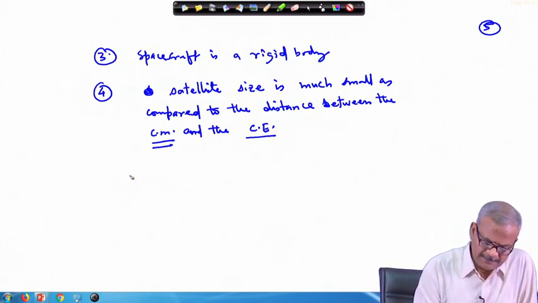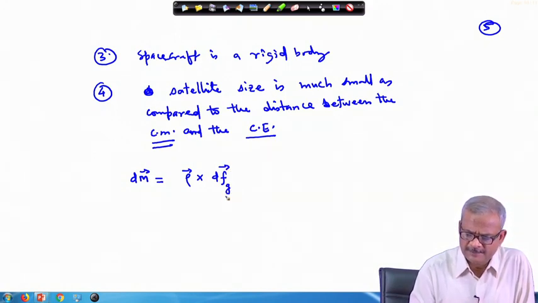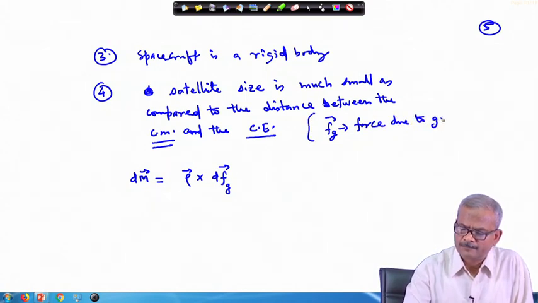So, already we have written that dM, the torque acting on the satellite, can be written as rho cross dF, and if we put a g here, this just indicates that this is the force due to gravity. So, F_g is the force due to gravity.